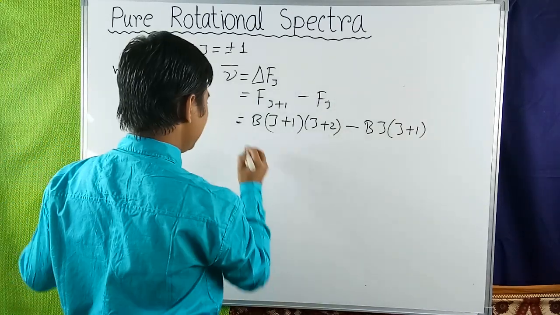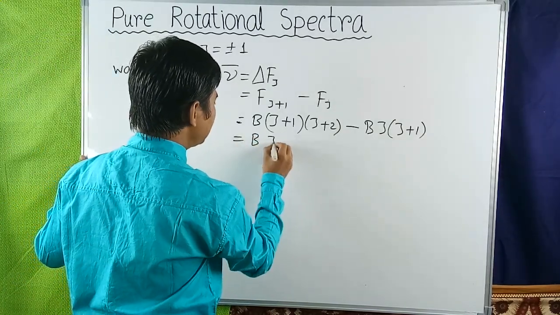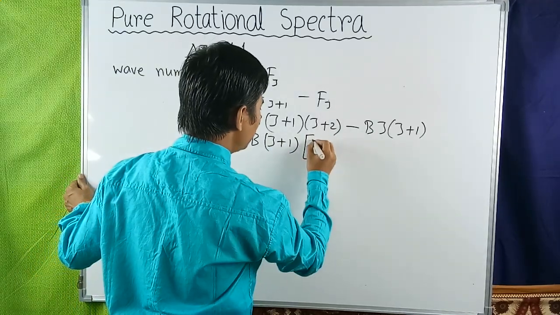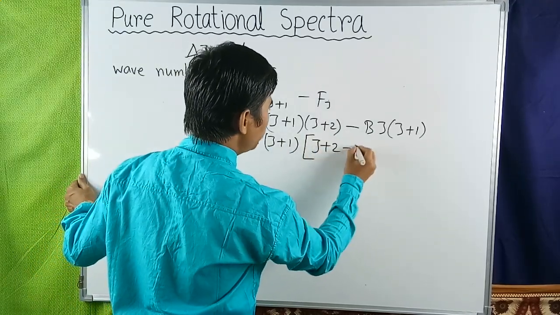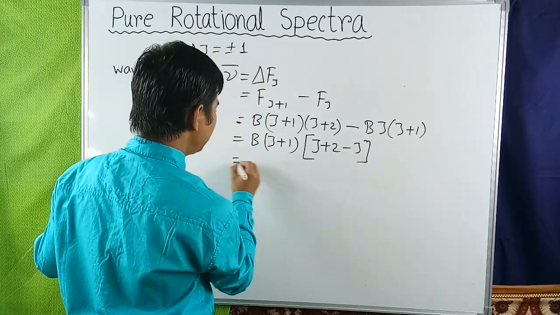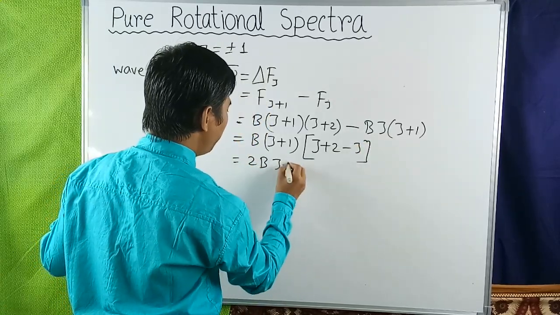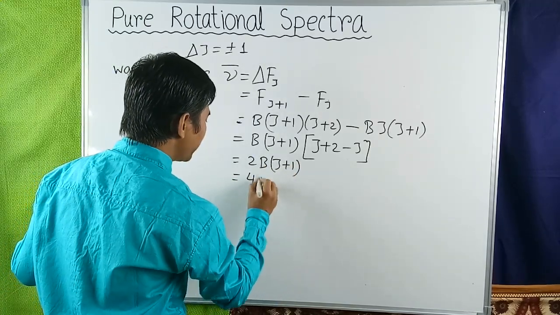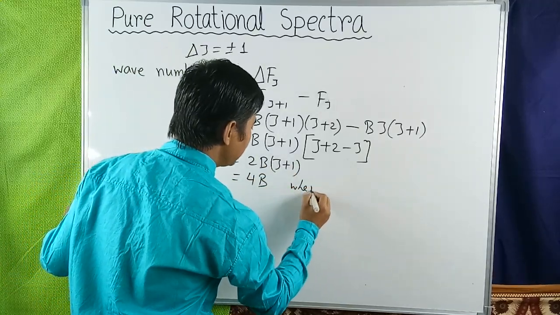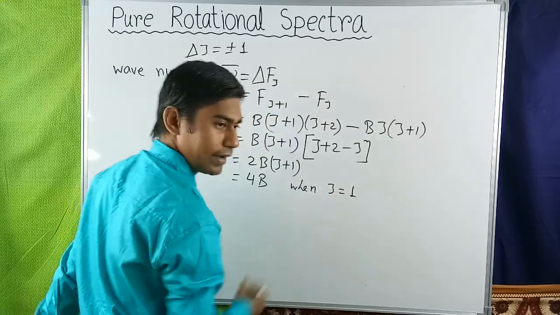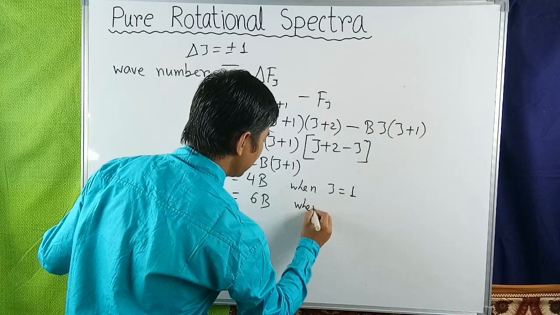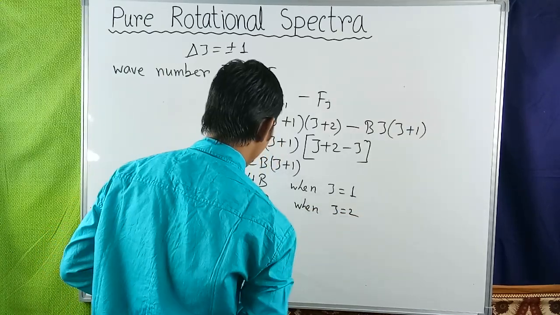Now this equals B into J plus 1 common, so this equals J plus 2 minus J. This is 2B into J plus 1. This equals 4B when J equals 1, and this equals 6B when J equals 2.